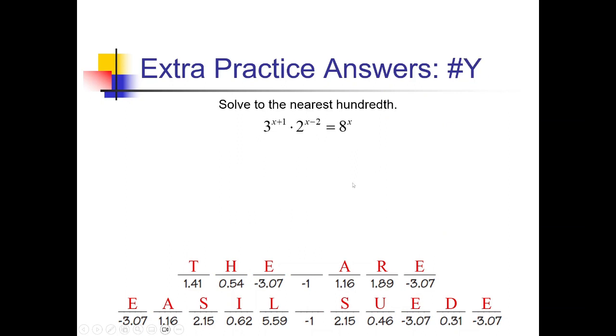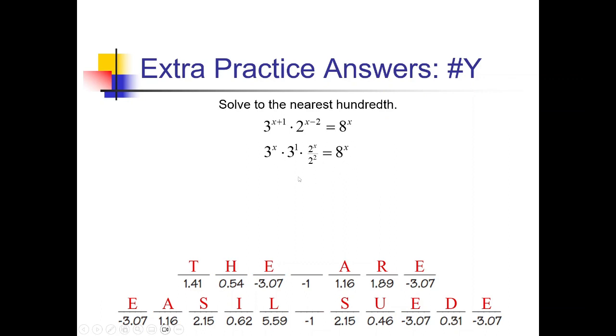Here it is, final boss battle for this one, the letter Y. So let me start by breaking up these bases a little bit. I'll write this 3 to the x plus 1 as a 3 to the x times 3 to the 1. And this 2 I'm going to split up into a 2 to the x divided by 2 squared. And that 8 to the x is still over there.